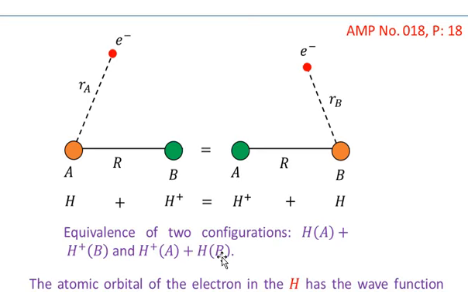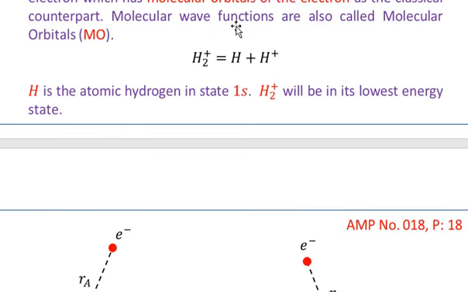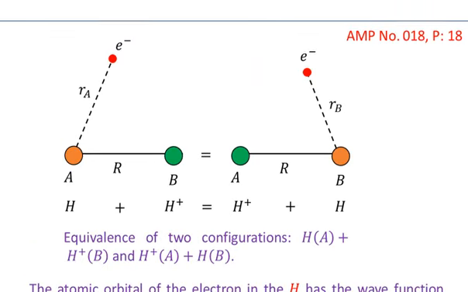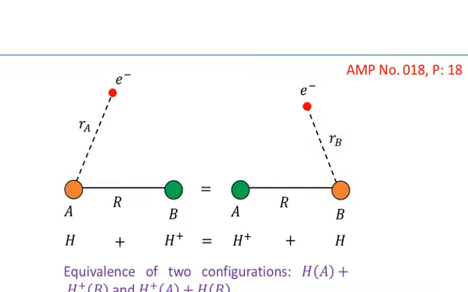So these are the two possibilities that I have shown in connection with this equation. On the right hand side, you can write H plus H+, or you can write H+ and H. And graphically, I have shown their representation. That is, either the electron is connected with the nucleus A, or the electron is connected with the nucleus B.